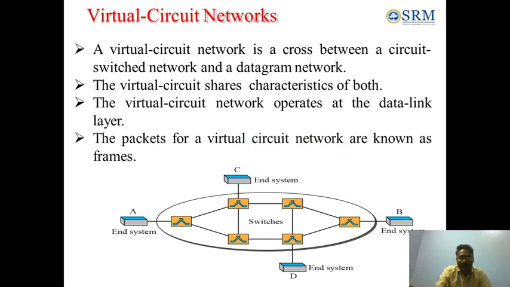The next part of packet switching is the virtual circuit network. Before that we discussed datagram networks, which are also part of packet switch networks. Another part of packet switch networks is virtual circuit networks, which are a cross between the circuit switch network and the datagram network, having characteristics of both.